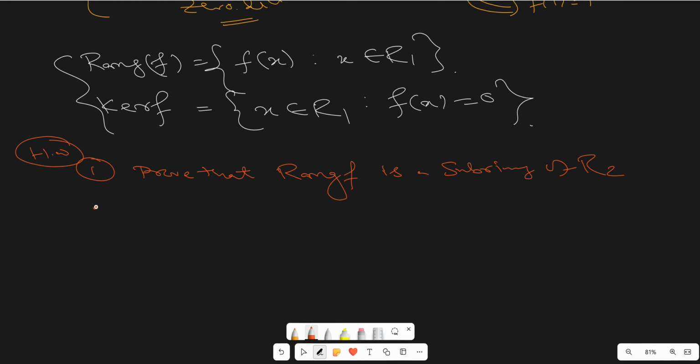And second, prove that the kernel of f is an ideal in R1. Very easy to check, just go through the definition.